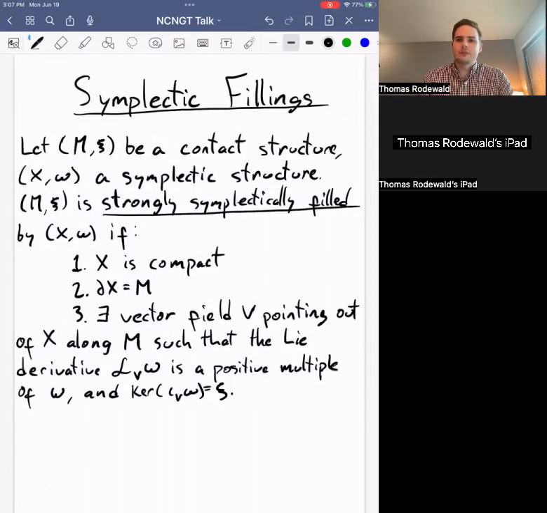So we care about symplectic manifolds whose boundary is a contact manifold, and we're going to define a couple of those.